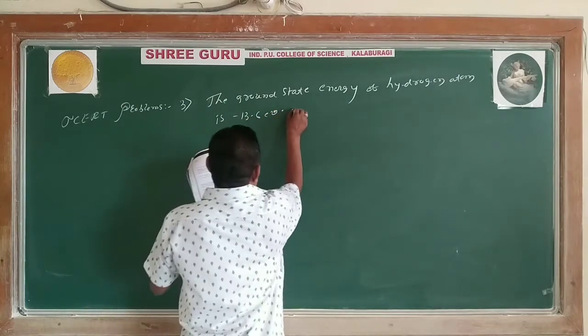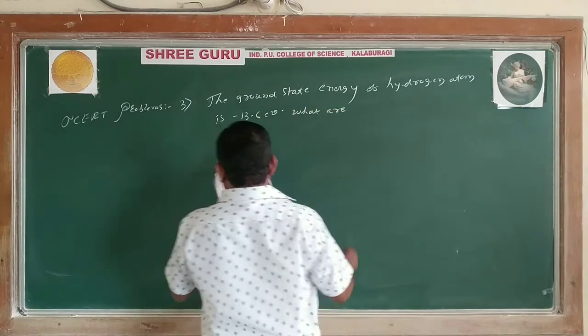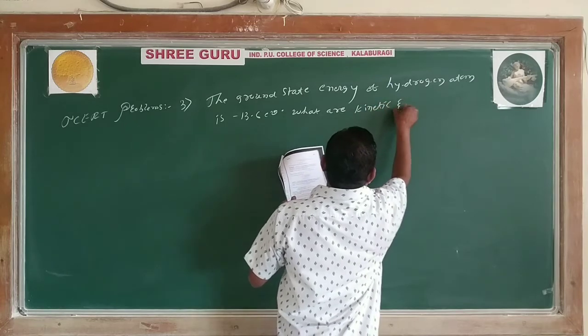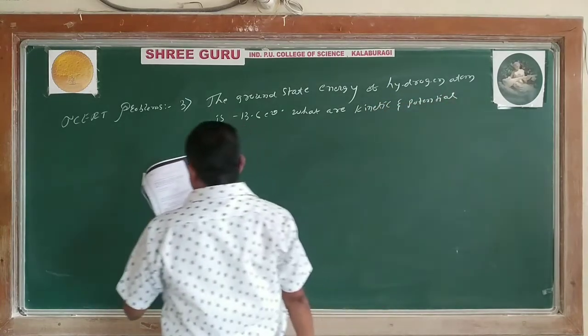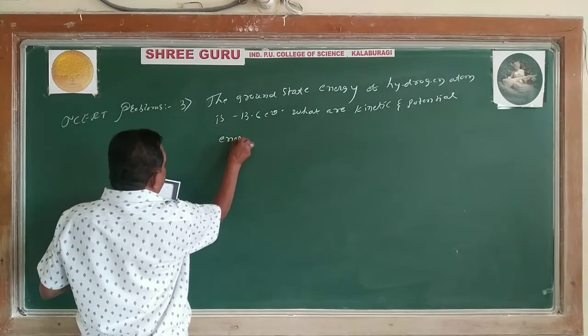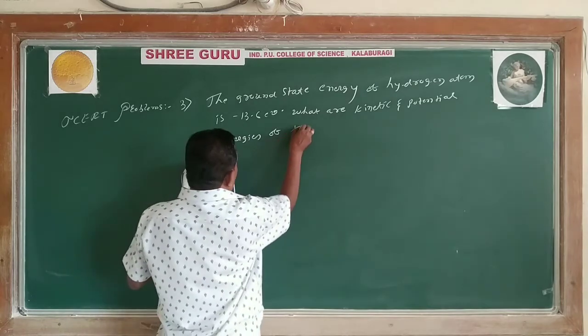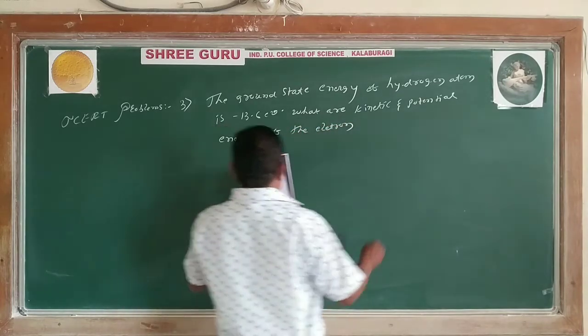Full stop. What are the kinetic and potential energies of the electron in this state?